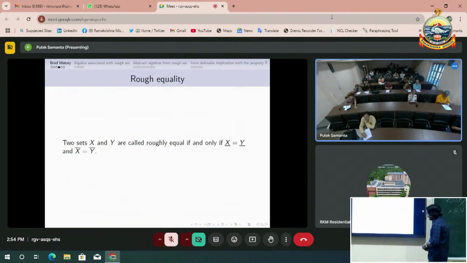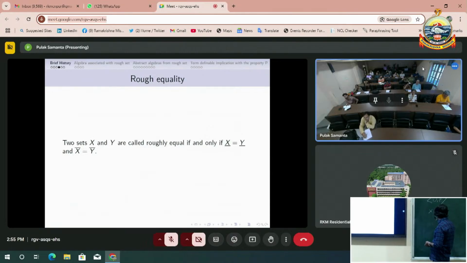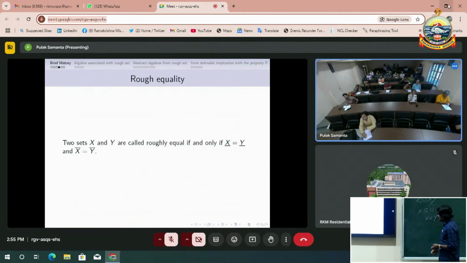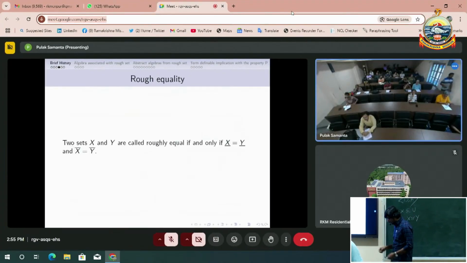Then for two sets X and Y, we define a notion called roughly equal. Two sets are roughly equal, using this symbol, if and only if X lower is the same as Y lower and X upper is the same as Y upper.